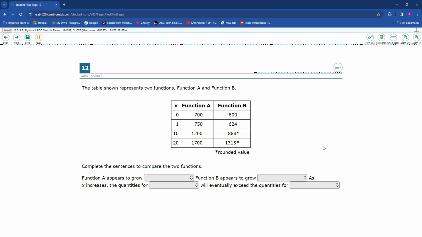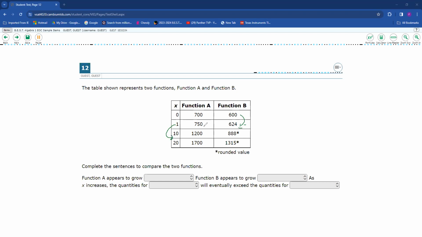Question 12, notice the change here between 600 and 624. That's only a change of 24, right? Now, when you go from 24 and notice the change here is 10, we may want to do the 2, the 3, and the 4, 5, 6, and we notice that this goes by 50.